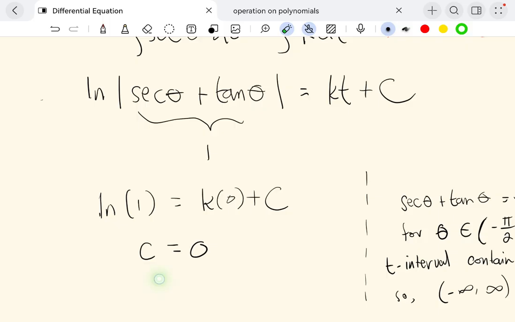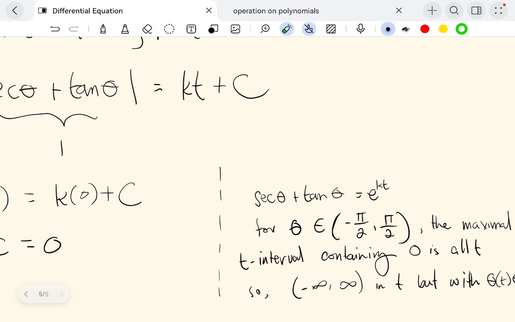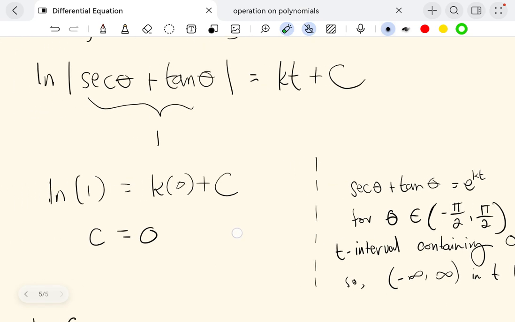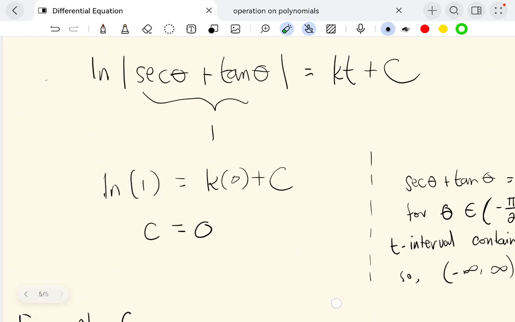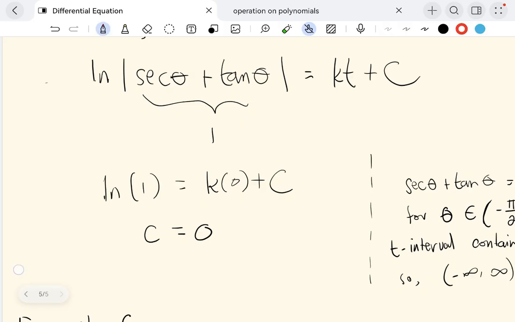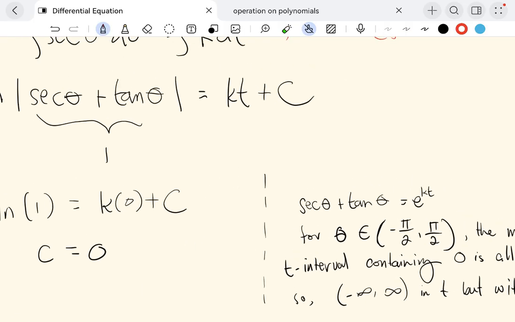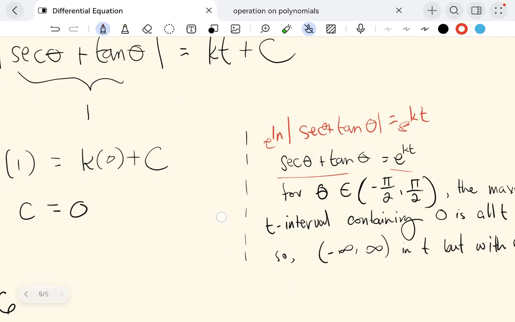Then since c is equal to 0, it disappears, and then it's just kt. So ln of secant theta plus tan theta is equal to kt. Then exponentiate both sides, and you will end up here, since the ln and e cancel.